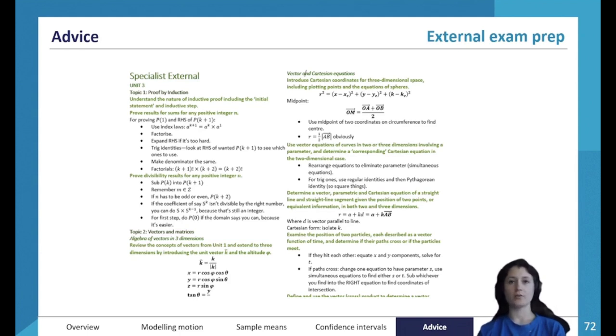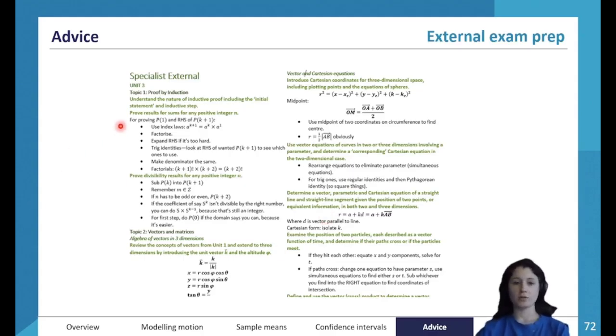So it obviously depends on what type of content it is. If it's one of those things where there's a formula you need to remember that's not on your formula sheet, I've written that down. So for vectors and matrices, or for the equation of a sphere, midpoint, equation of a straight line, all that kind of thing, I've written it down.